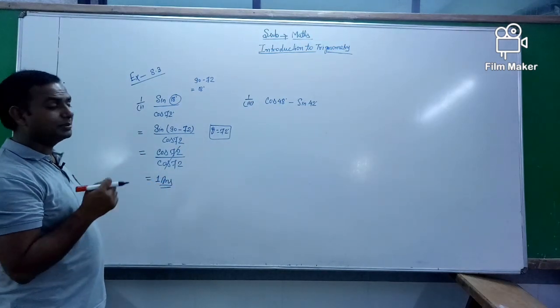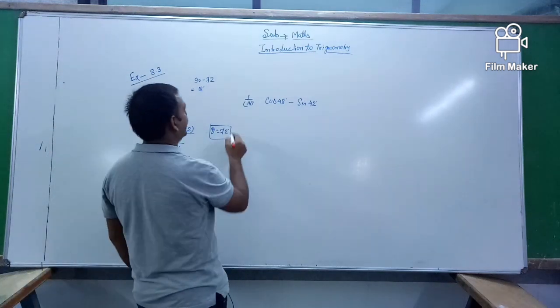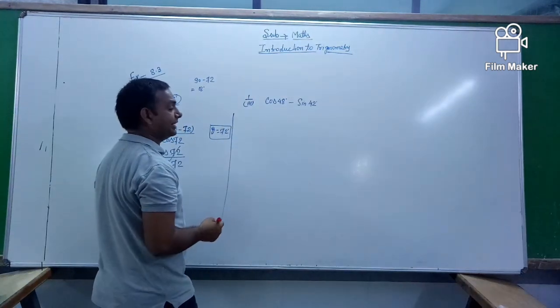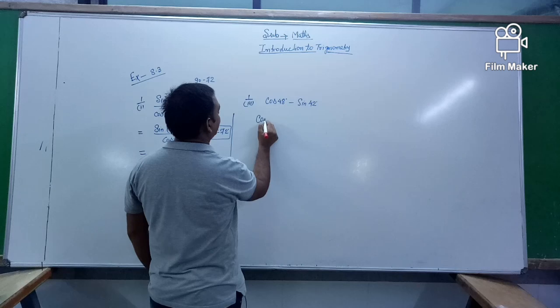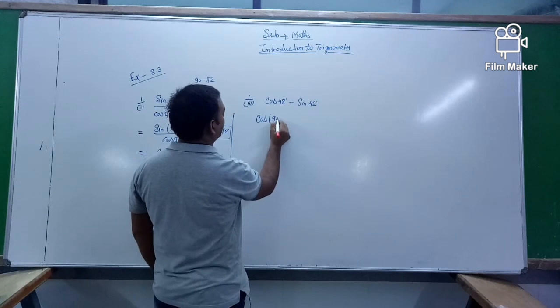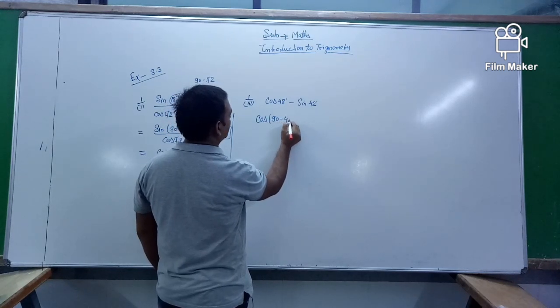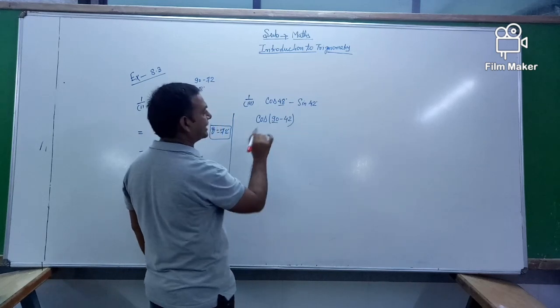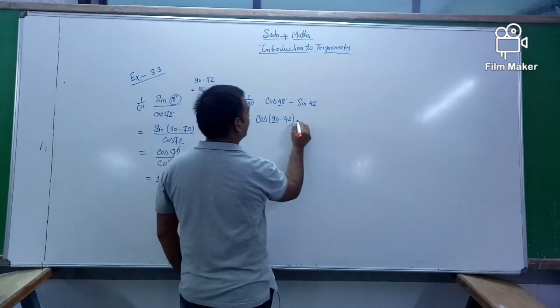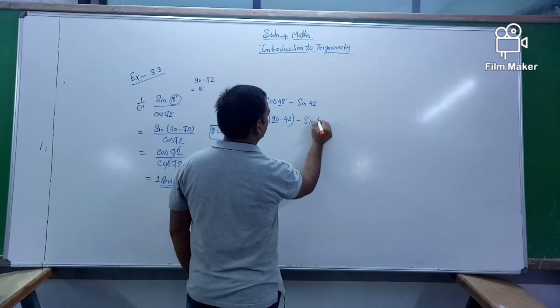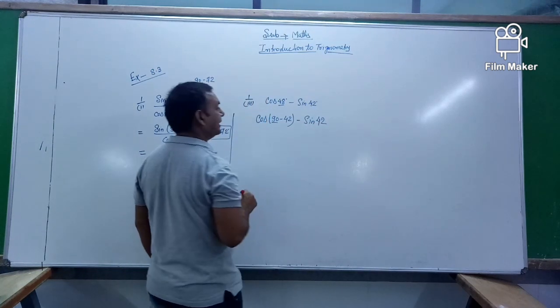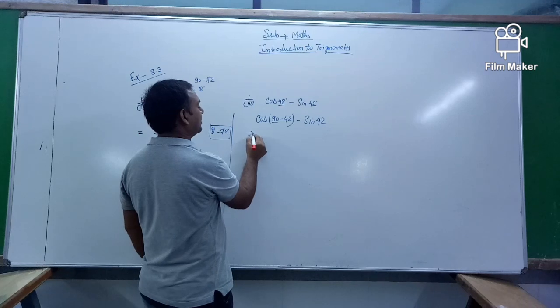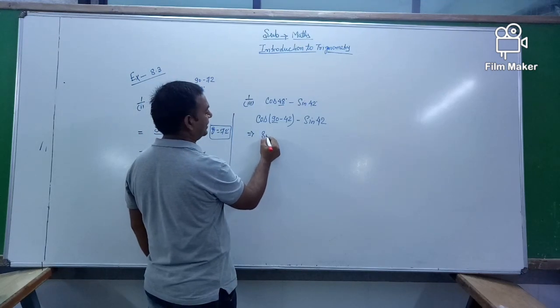All of you understand? Similarly, here we have cos 48 degree, which means cos 90 minus 42, because 90 minus 42 is equal to 48, and minus sine 42. Then you see cos 90 minus theta is equal to sine theta.